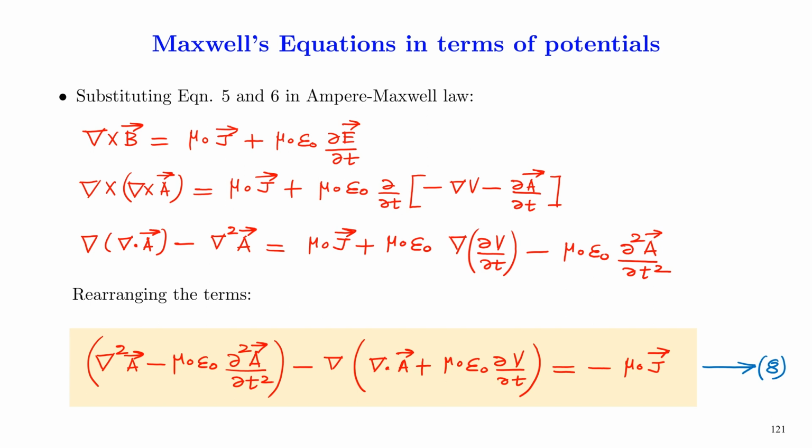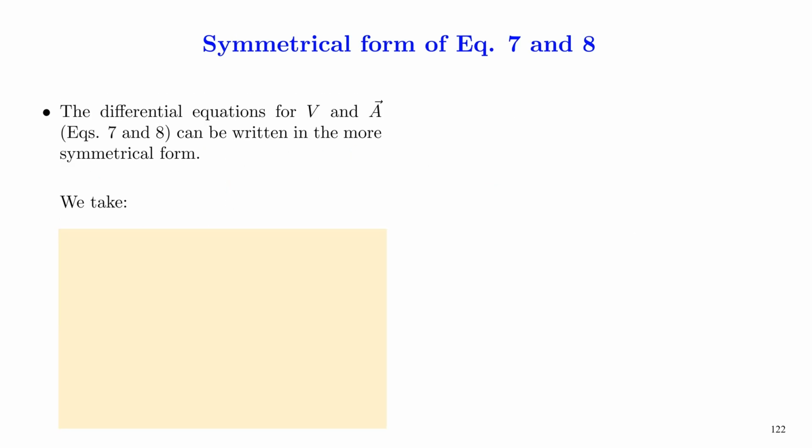Equations 7 and 8 are Maxwell's equations in terms of potentials. The speciality of these two equations is that they contain all information in Maxwell's equations. The differential equations for the scalar potential V and the vector potential A, that is equations 7 and 8, can be written in a more symmetrical form.